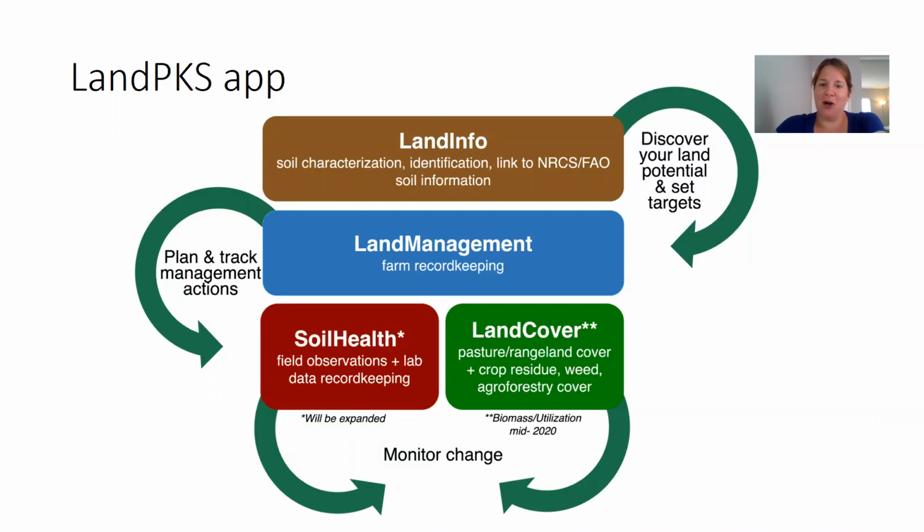Land management is for farm record keeping. Soil health is also a soils-based one. And then land cover is about vegetation monitoring. All these generally fit together in giving the user a better understanding of their land and the potential of that land. Is that land suitable habitat for wildlife? Can it be sustainably farmed? That kind of thing.